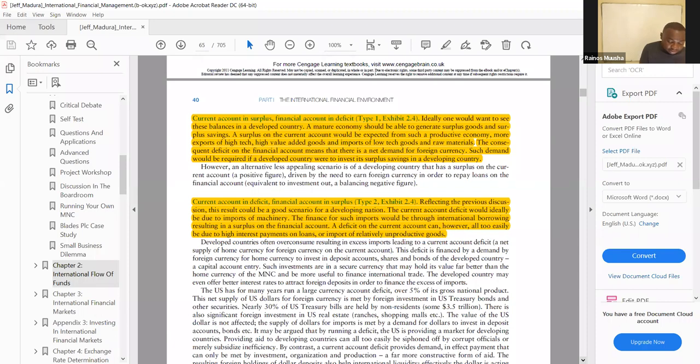Here they say the mature economy should be able to generate surplus goods and surplus savings. So a surplus in the current account would be expected from such a productive economy, more exports of high-tech, high-value-added goods, and imports of low-tech goods and raw materials.